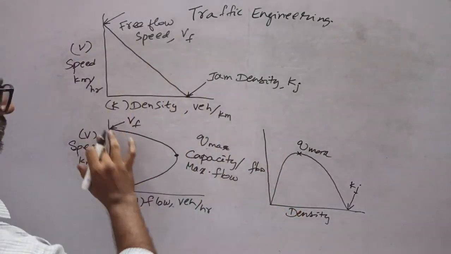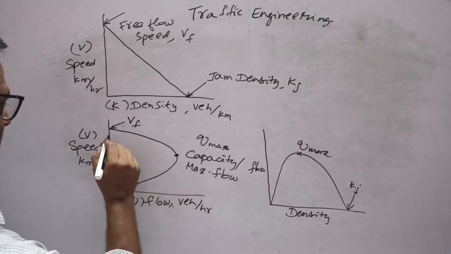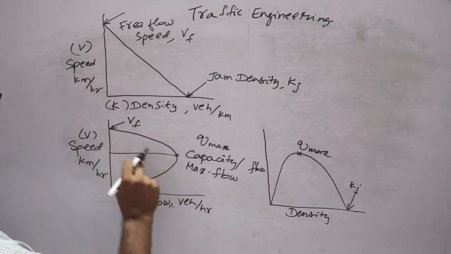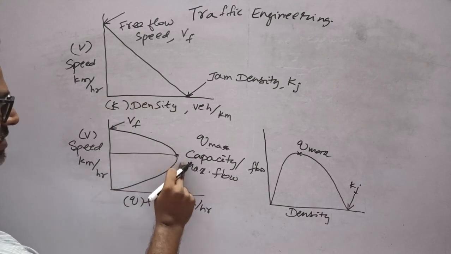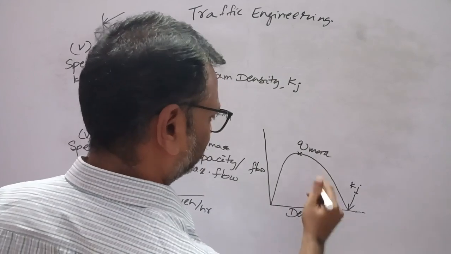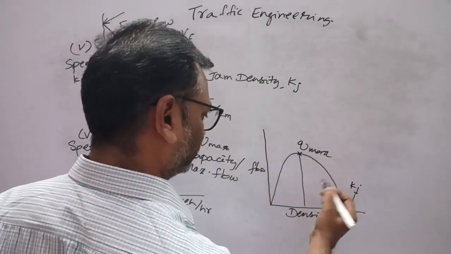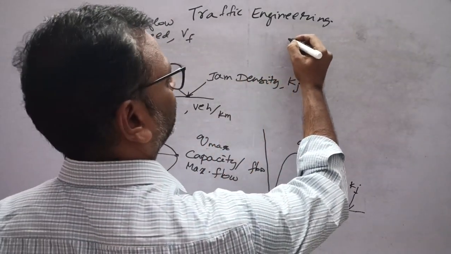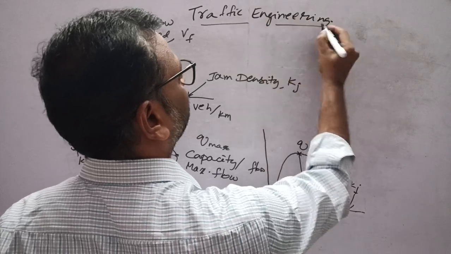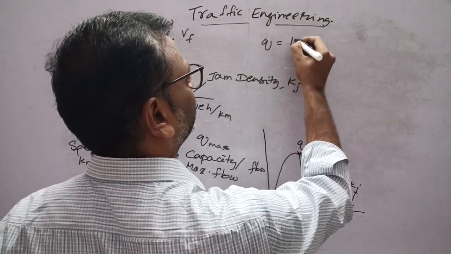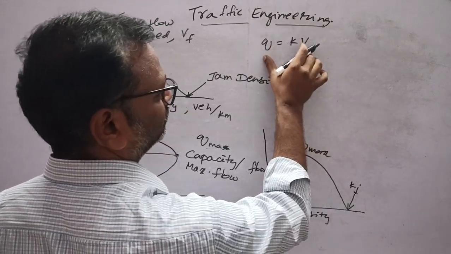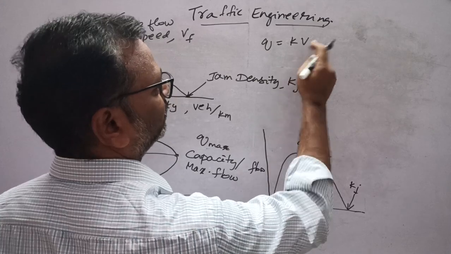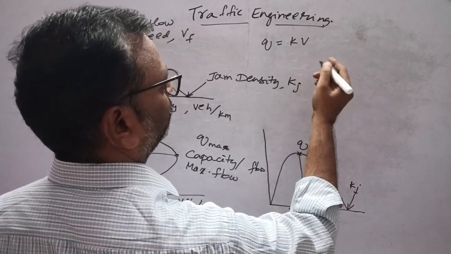If you interpret these three, this is half of the speed, right? Vf by 2, you get maximum capacity. And similarly, half of the jam density, you get maximum capacity. And there is an equation, Q is equal to K into V is the basic equation, the product of density into average speed of that particular road.